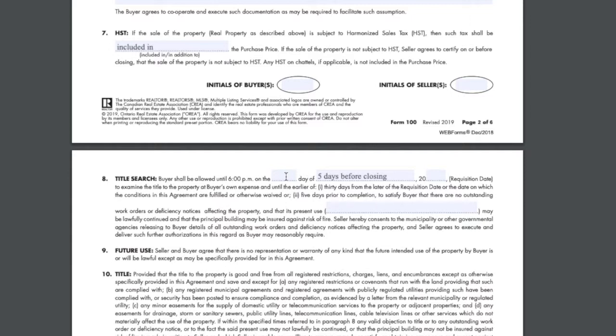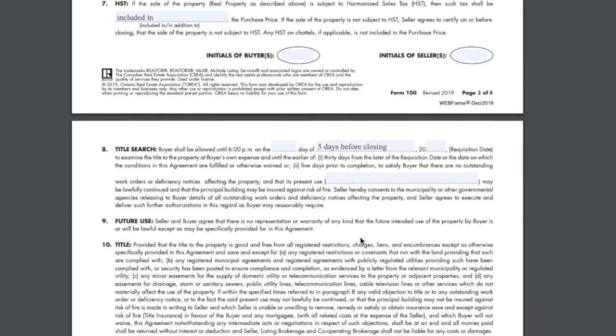I don't put the actual date, like let's say the fifth day of whatever particular month. I always put 5 days before closing, because that way, if our closing date gets amended, we don't have to remember to change this date as well, because this is a sliding scale. It'll move with whatever date we've set as our closing. Right? So just a little tip for you guys there.